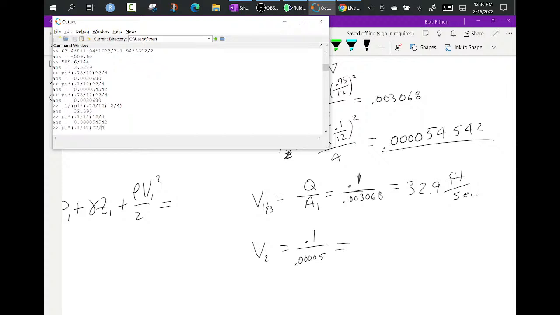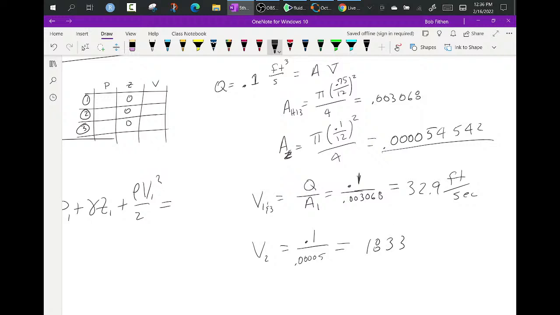That's the small value, 0.1 divided by the small area, and we knew that was going to be something completely unreasonable here.